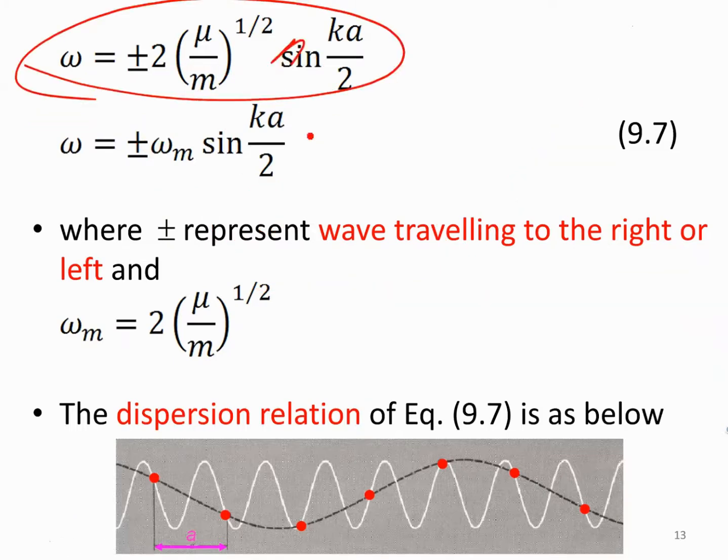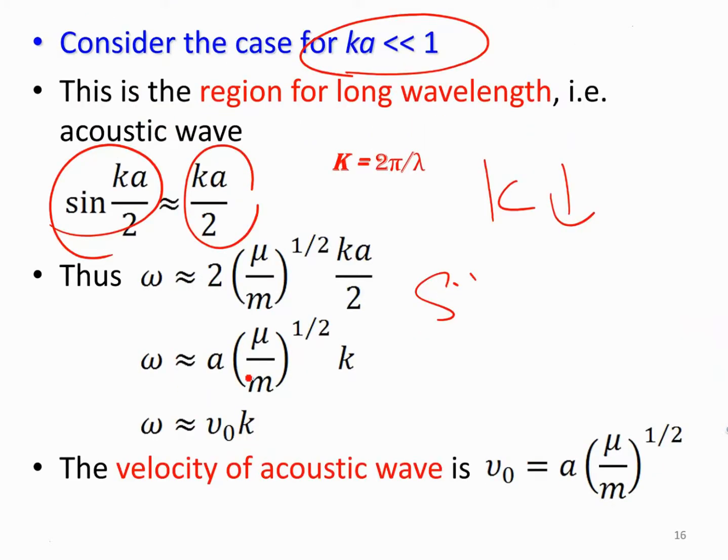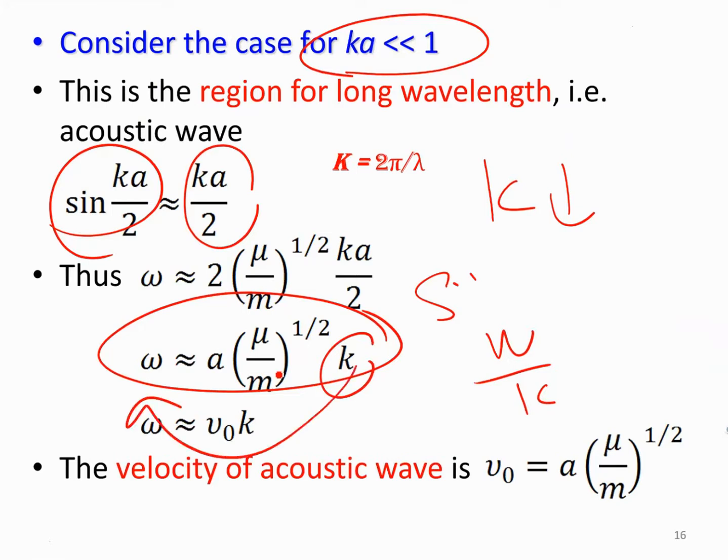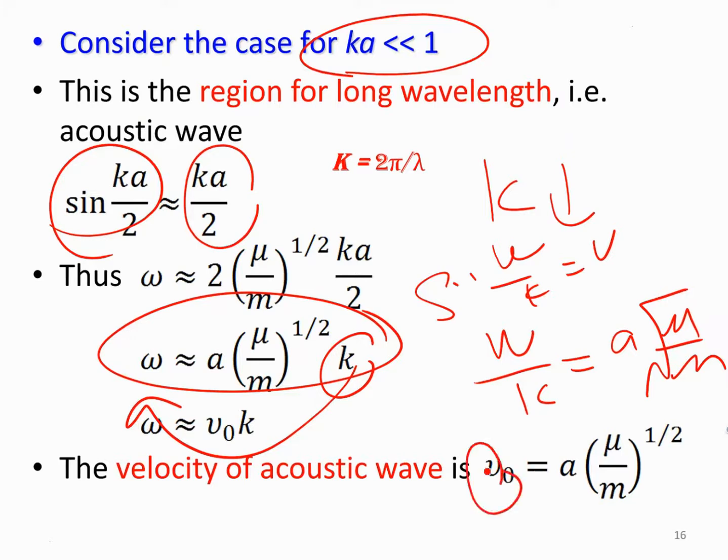So we just take out the sine when K is very small. Now we solve this equation, and we get omega equal to this. When we get this relationship, we move K to the left hand side, and we get a times the square root of mu over M. And we know that omega over K equals V. So this is the phase velocity in this case.